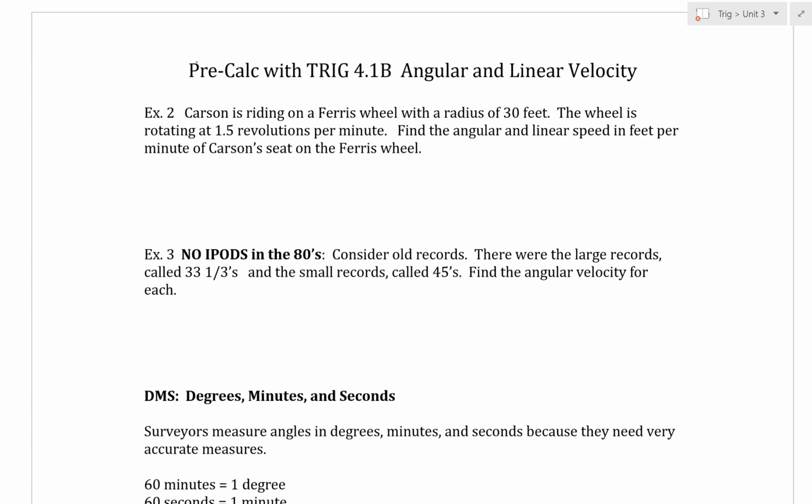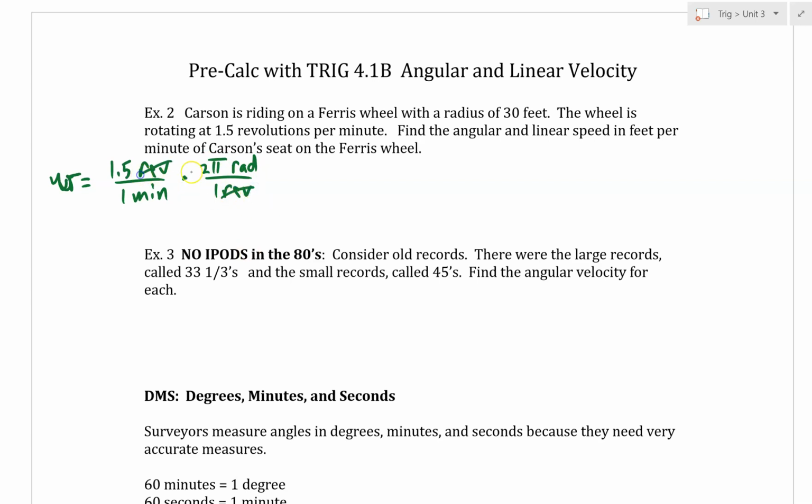So, same idea applies here. First, we're going to find the angular speed. Our angular speed here is going to be the following. It's going to be 1.5 revolutions per 1 minute. We have to multiply that by 2 pi radians per 1 revolution.